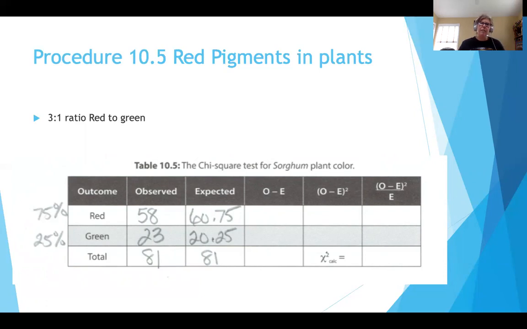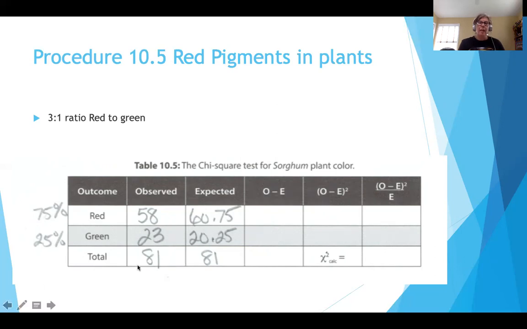Your hypothesis is that you have a 3-to-1 ratio of red to green. So I'm going to give you these numbers right here. And again, I would try to do the math to make sure you get what I got for the expected. If I said 3-to-1, that's basically saying 3 squares in my Punnett square are going to be red and 1 is going to be green. That would be the same as 75% and 25%.